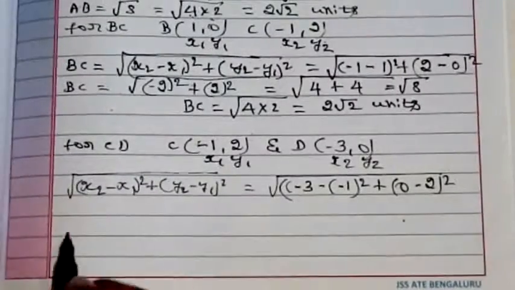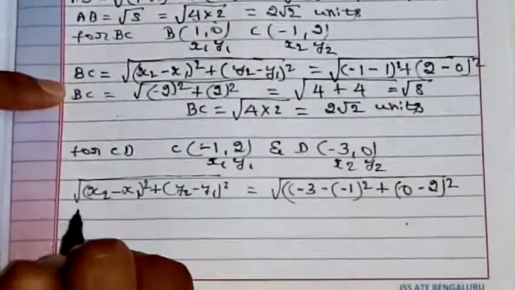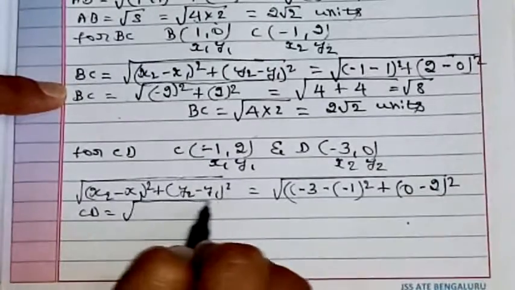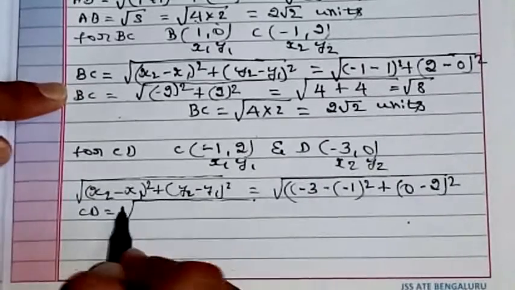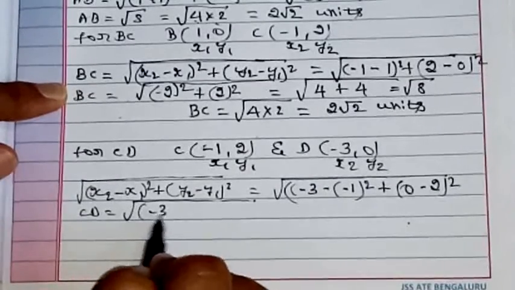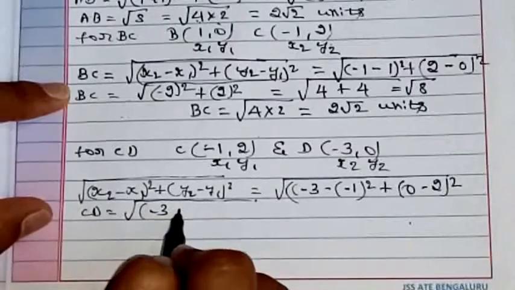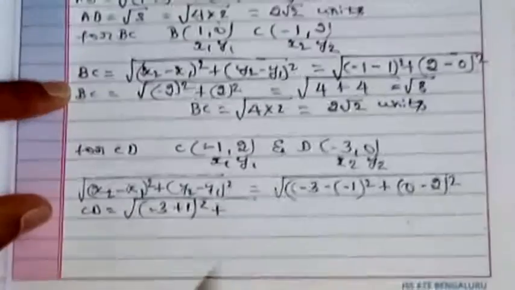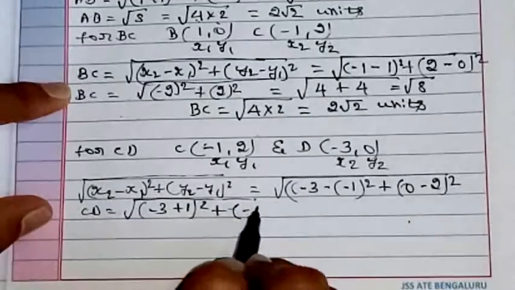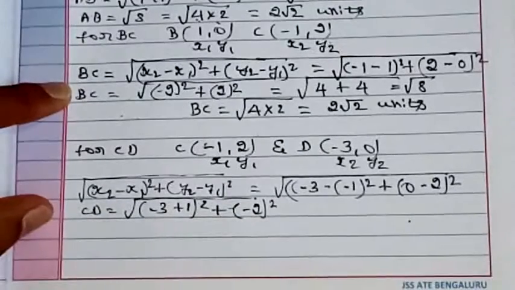Now simplify this. So therefore CD equals the square root of, first open the bracket. So keep the minus 3 as it is. Minus into minus is plus 1 whole square plus 0 minus 2 is nothing but minus 2 whole square. Right?